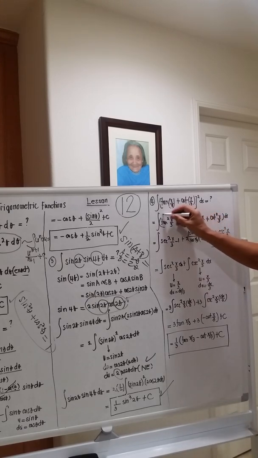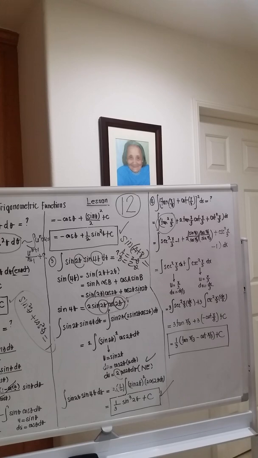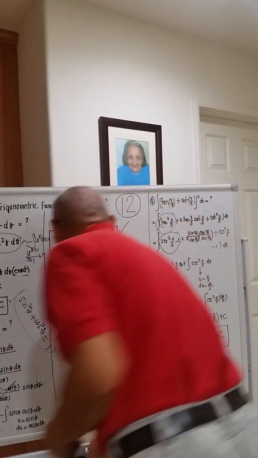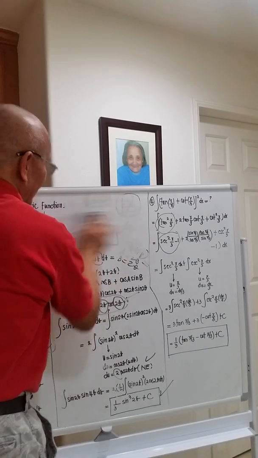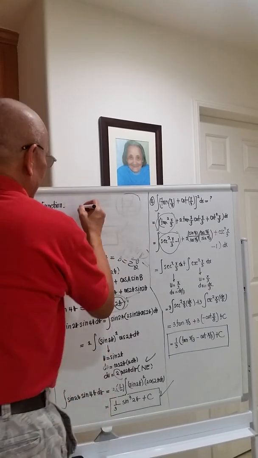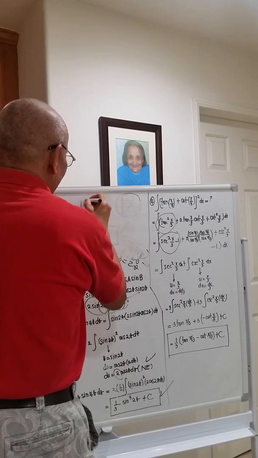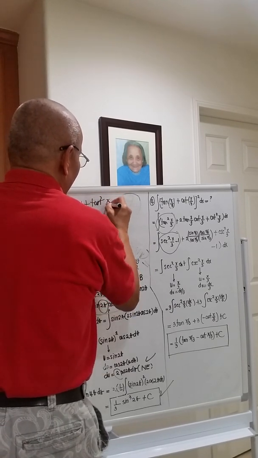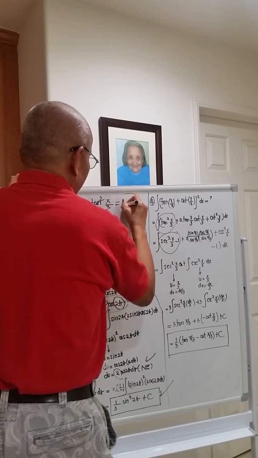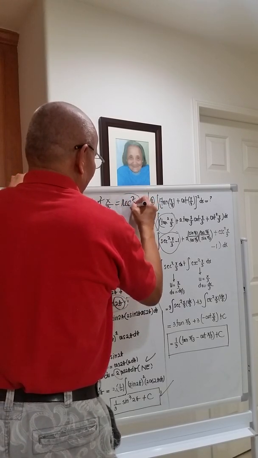We replace this tangent squared of x over 3 by secant squared of x over 3 minus 1. We got an identity: 1 plus tangent squared of x over 3 is equal to secant squared of x over 3.